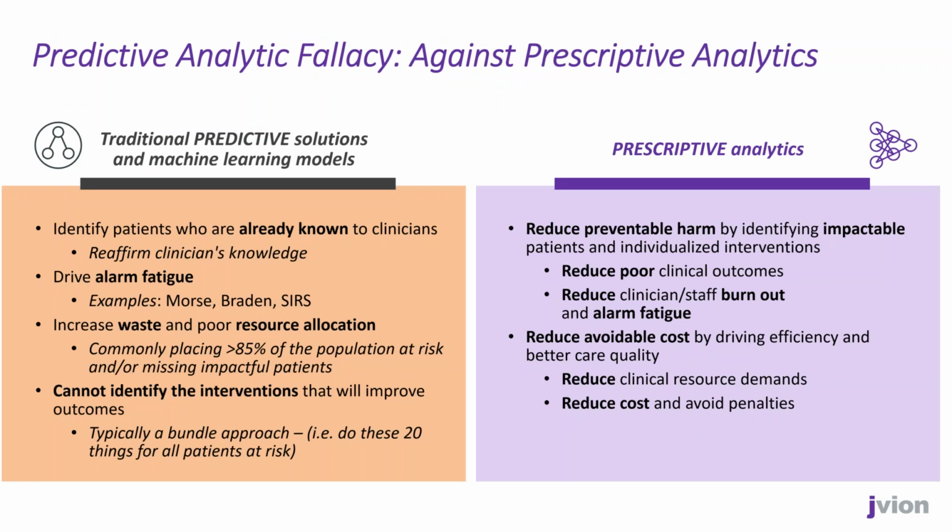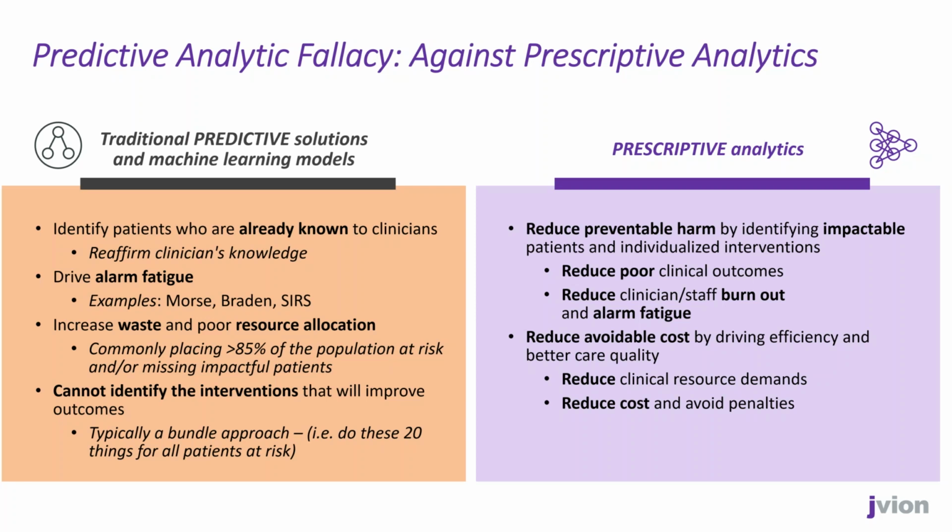That difference between accuracy and impact really gets to predictive versus prescriptive analytics. Predictive analytics focus on what is the highest level of prediction that I can get. They tend to not be that accurate, especially historically. Morse, Braden, and similar criteria very much drive alert fatigue, are very sensitive but not very specific.